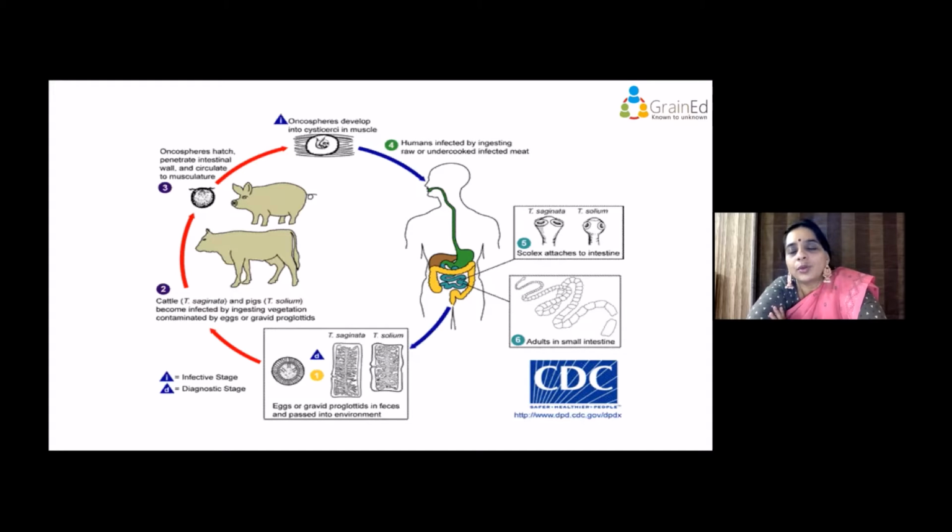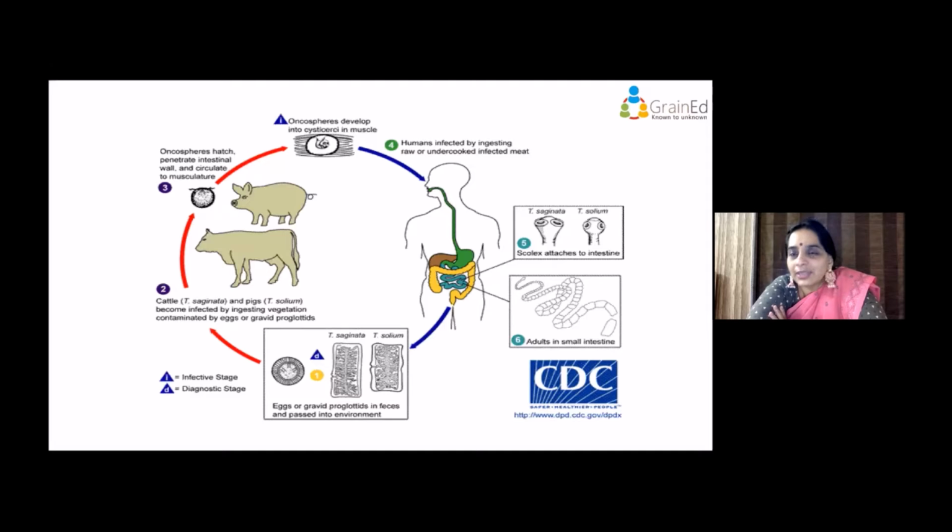Now, how do these pigs or cattle get the tapeworm in the first place? The pigs and cattle, by mistake, ingest the eggs or proglottids. I will come to what a proglottid is later on, but they ingest these things, whether in the food or in the water that they are having.